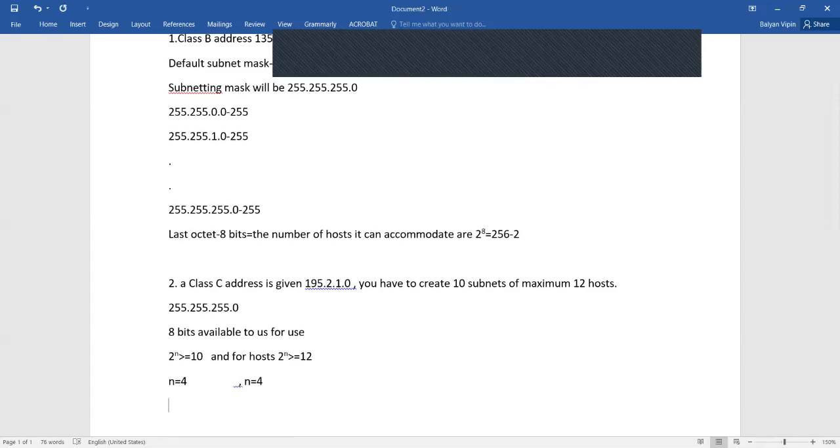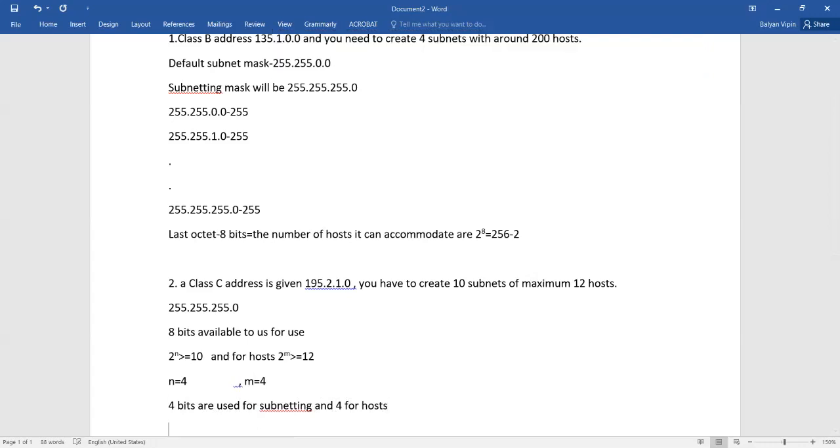Why? Because 2 raised to the power 4 is 16 in both cases. If I just mention it as m for better readability, then you can see n and m are both 4. What it means is that 4 bits are used for subnetting and 4 for hosts.